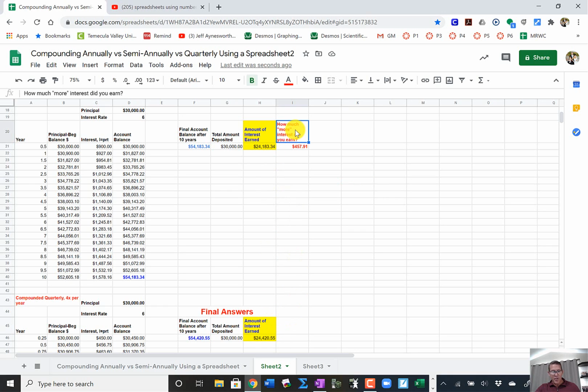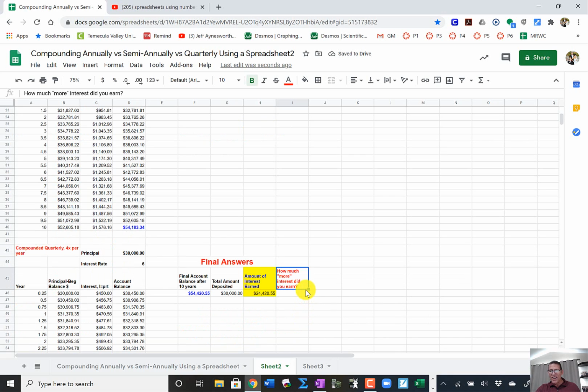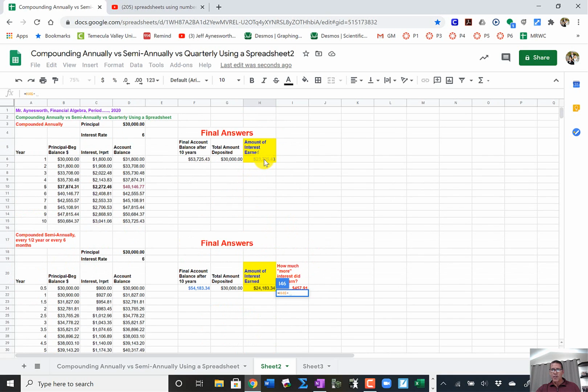Okay, so let's go ahead and copy this title here. Let's paste it in here. Question is, how much more money or how much more interest did you earn? Well, compared to the first model, okay, the first one. So let's calculate it. So this is equal to, okay, this number here minus the first number, which is way up here. Okay, I'm talking about how it's compared to the annually.